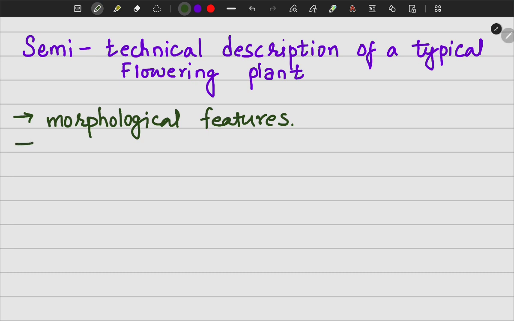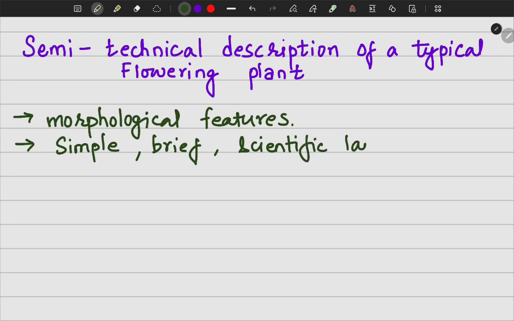Now, this description has to be simple, brief, in a scientific language, and in a proper sequence.